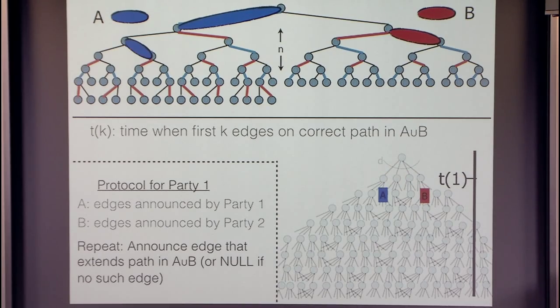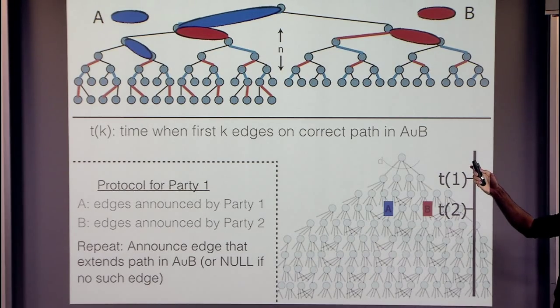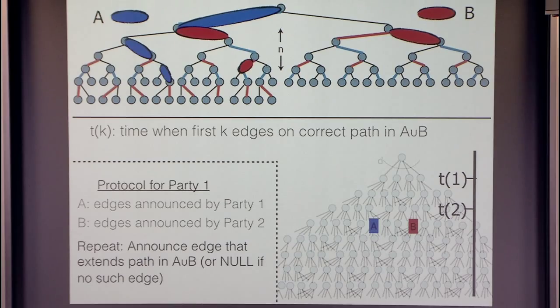Then maybe this is what happens in the second step. They both announced some crazy edges because of the errors. And at this point, the second party announced the second edge in the correct path. Okay, so that's T2. Okay, so at this point, one of the parties has announced the third edge in the correct path.